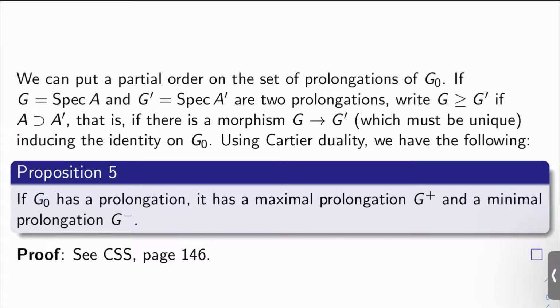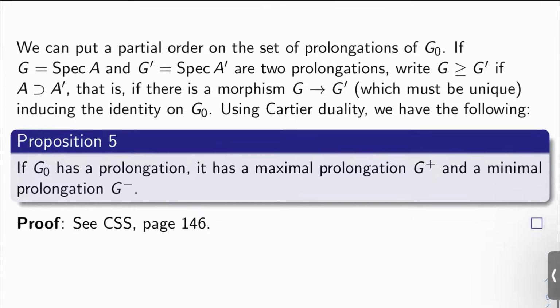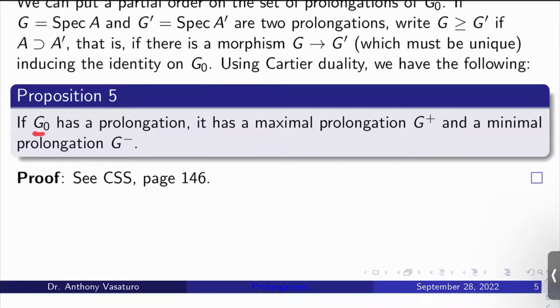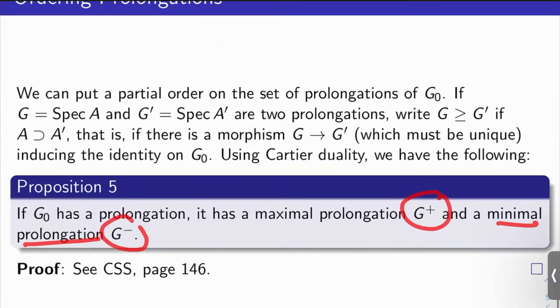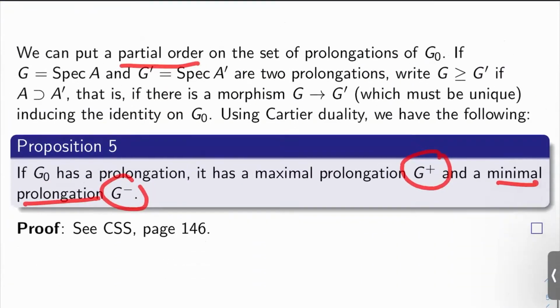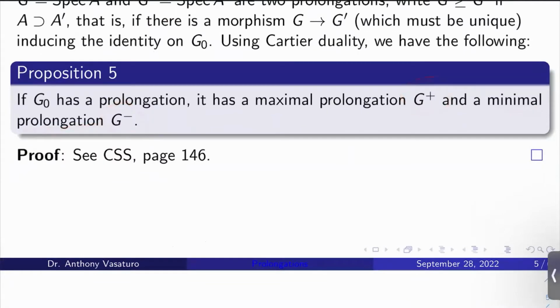Or if you like, using categorical equivalence, if there's a morphism from G to G prime, which must be unique, inducing the identity on G0. And you can prove pretty quickly using Cartier duality that the following must be true. Proposition 5: if G0 has a prolongation, it must have a maximal prolongation G plus and a minimal prolongation G minus with respect to this partial order. And this is proven on page 146 of CSS.